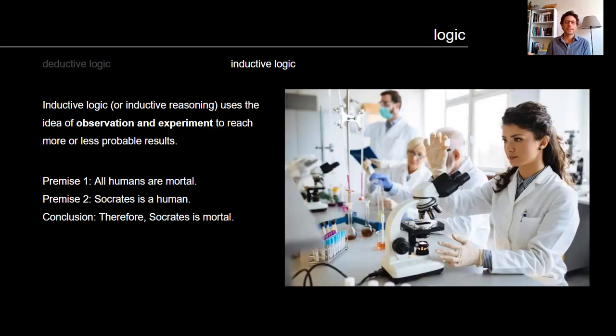Of course, this is a very simplistic example for all of us, right? I mean, we do not necessarily need scientists and laboratories to reach the conclusion that all humans are mortal. But take this example as a simple example that explains how all other more difficult examples work. If you are getting a scientific result, you need inductive reasoning.